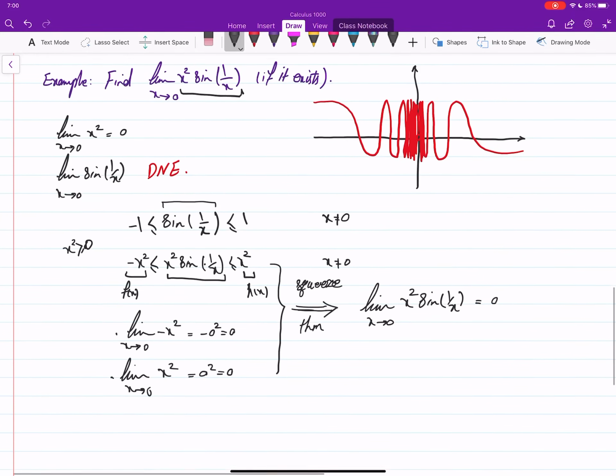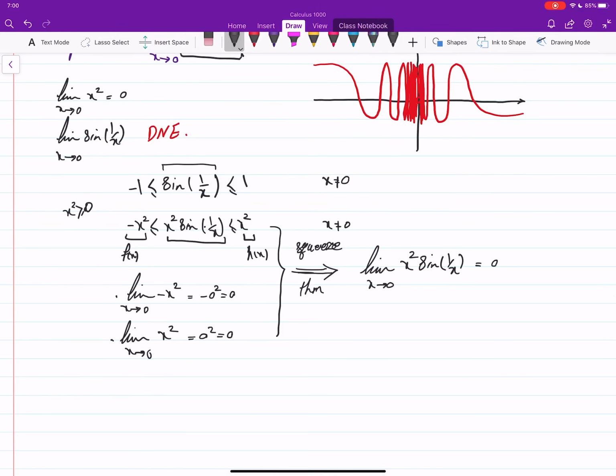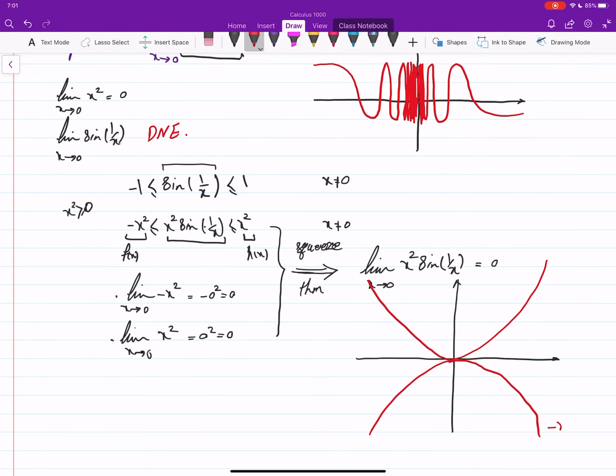And if you want to look at the graph of x squared sine of 1 over x, you'll notice that this has a funny graph. This function is going to be between two parabolas. This is the upper parabola x squared, and this is the lower parabola, minus x squared.